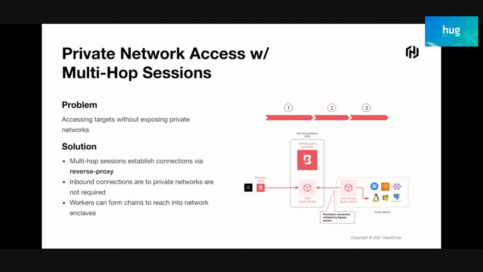In other words, they can communicate, but you can have a lot more than just one, so then they can create the chain. Here's the kicker. In this example, we can use an HCP worker as an ingress worker right here, while a self-managed egress worker creates this outbound connection. This means no VPN or public IP addresses are needed, right?